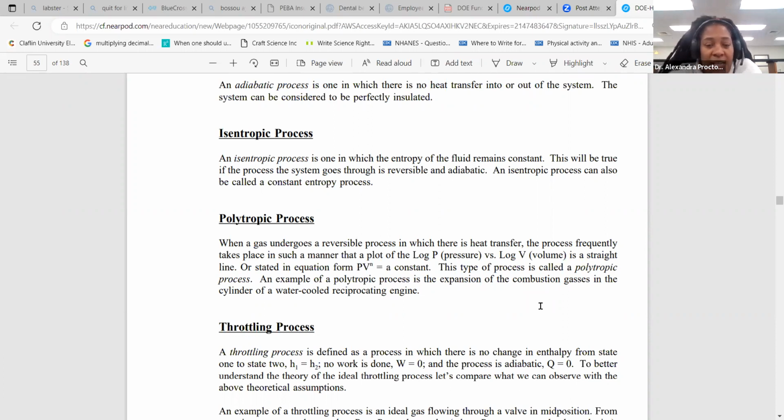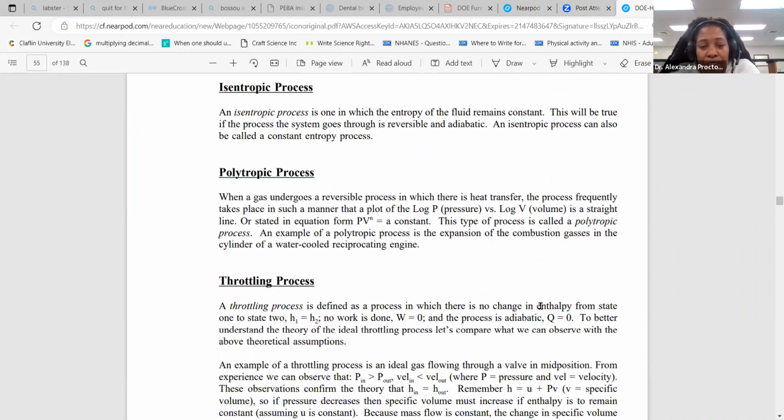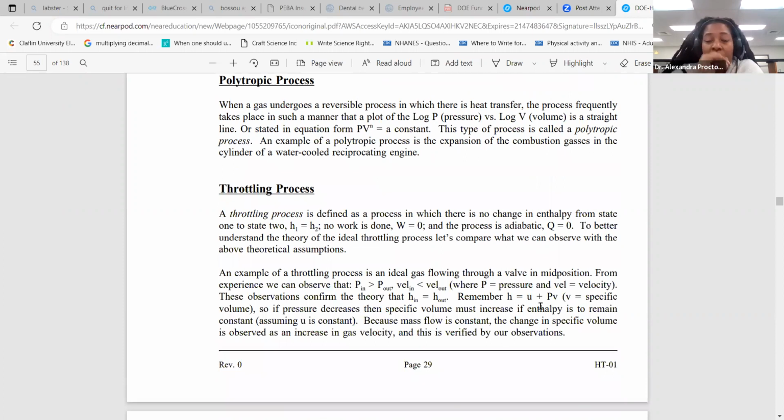So to better understand this theory of the ideal throttling process, we have to compare what you observe with these aforementioned theoretical assumptions. The throttling process is of an ideal gas flowing through a valve in mid position.